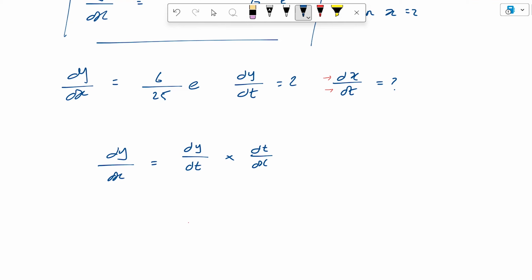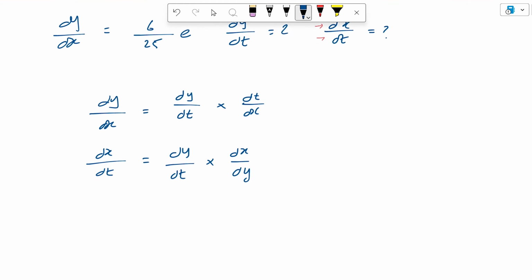So dx over dt is equal to dy over dt times dx over dy. I want you to pay attention to something. If we cancel dy and dy, suddenly we get dx over dt. So that's how the chain rule works.